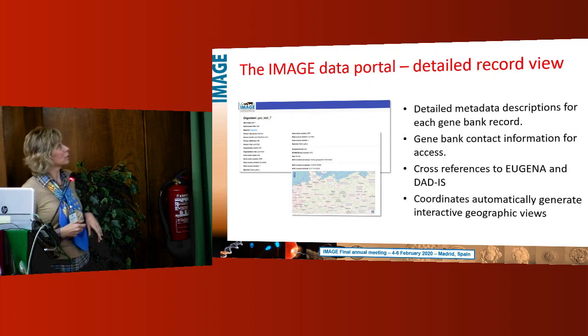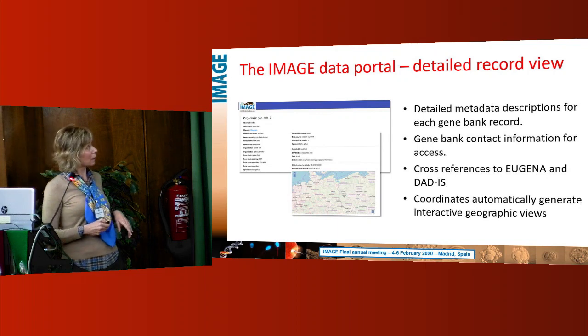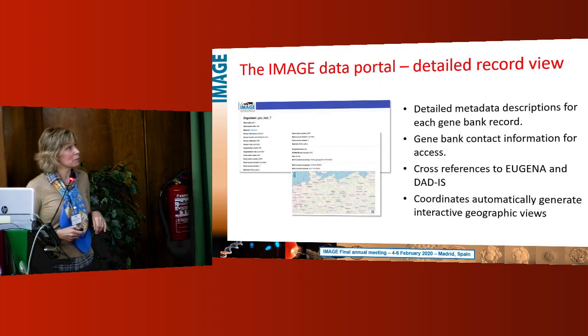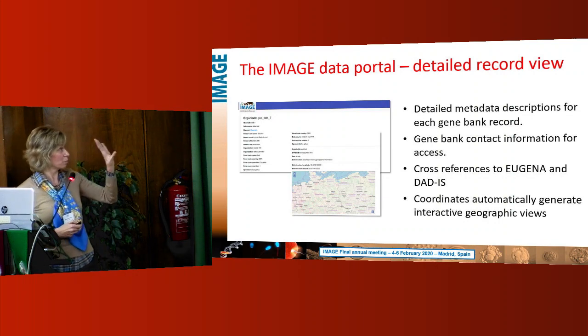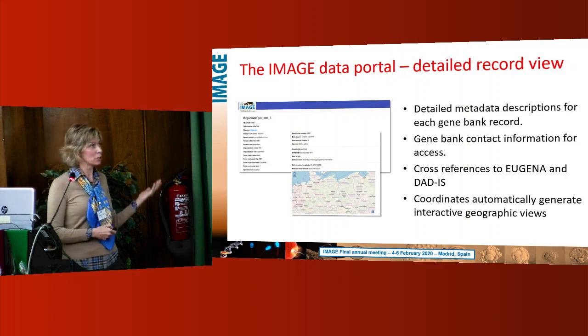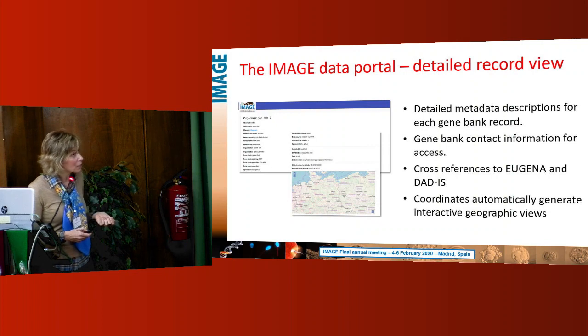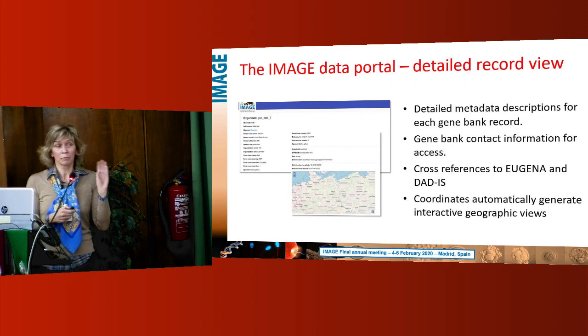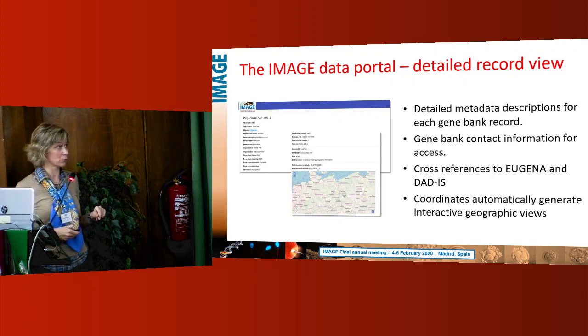As you go, for example, on the organism search, you get a detailed metadata description on each gene bank record, and gene bank contact information for access. It does cross-reference with, of course, Eugenia and DADIS, and we'll see. And coordinates are automatically generated with geographic views.